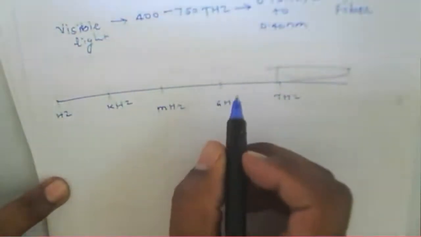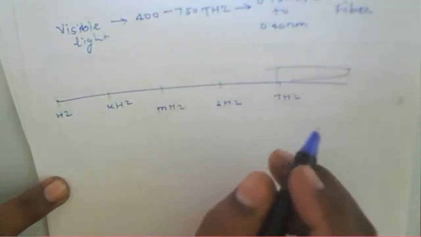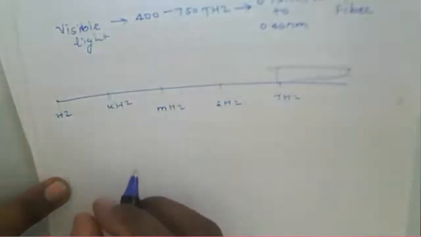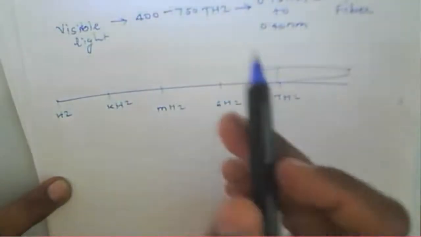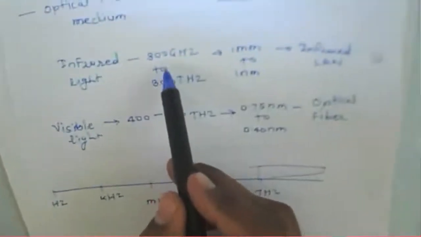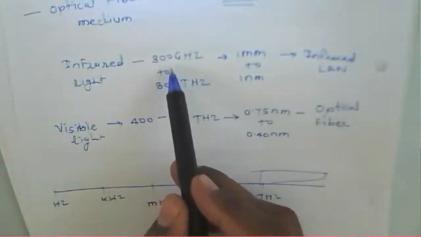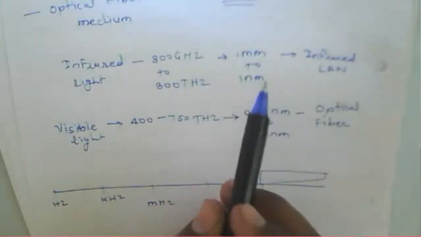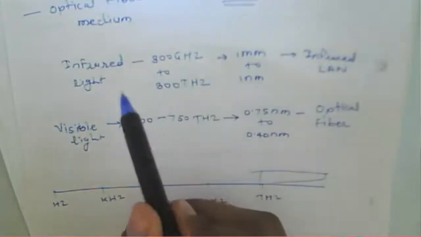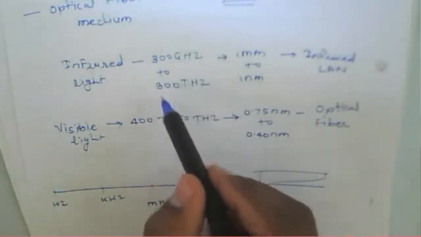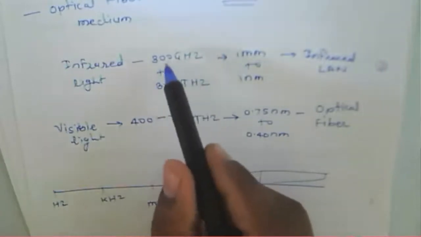In this particular case, an electromagnetic signal propagating above 300 gigahertz is generally not called radio waves.